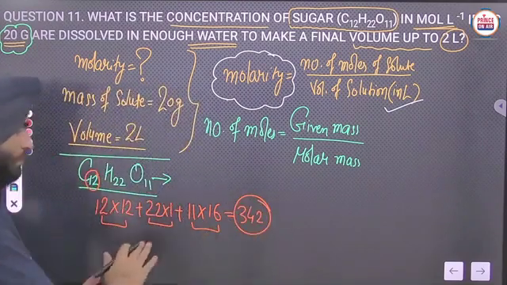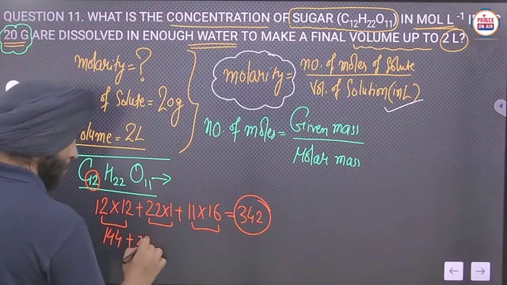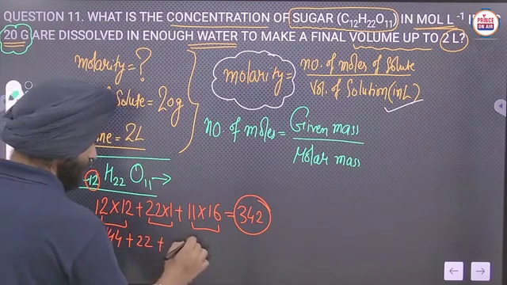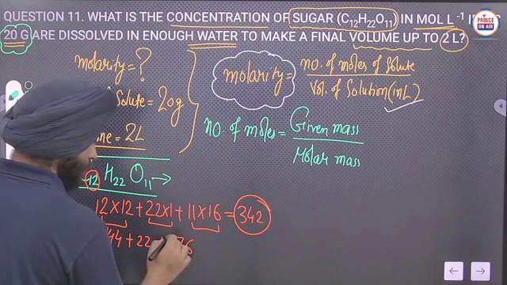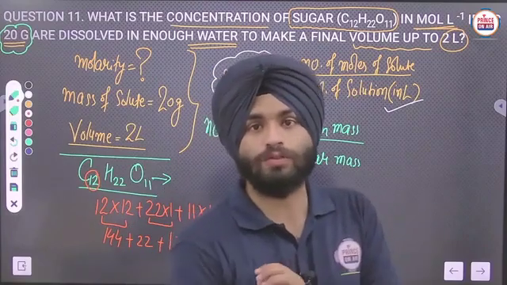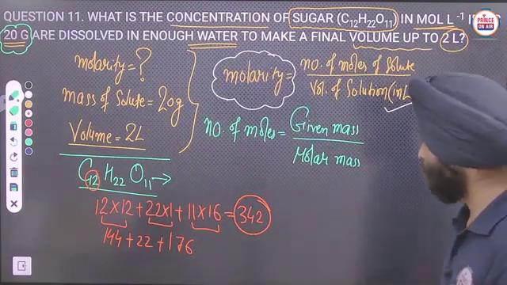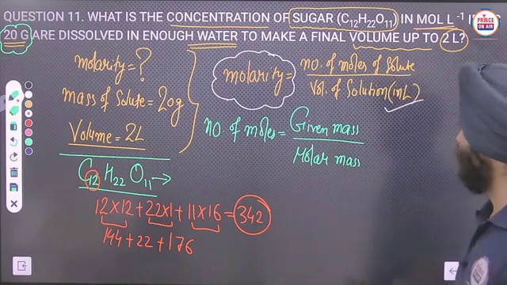Try to solve this: 144 plus 22 plus 176. If you add all these values, you will get 342. So 342 is the molar mass.